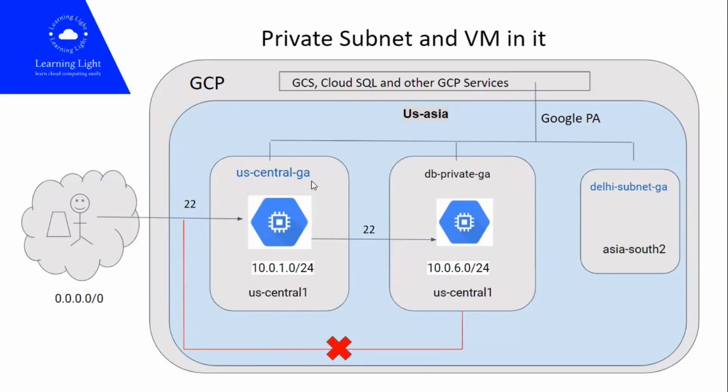Now, the problem is that if we have some requirement to install some software or patches, or maybe we want to install a database in this particular server, how can we access the internet in this private subnet?